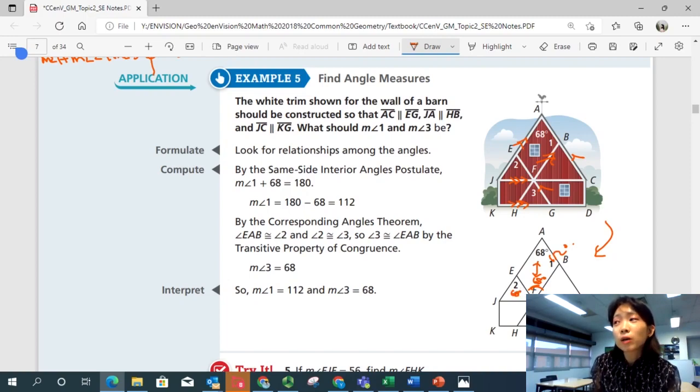They are corresponding angles. If you look at these two parallel lines and that as a transversal, you see that 2 and 3 are corresponding angles. And so 2 and 3 have the same measurement. 3 is also 68 degrees. Okay? So this is kind of like a puzzle. It's fun.